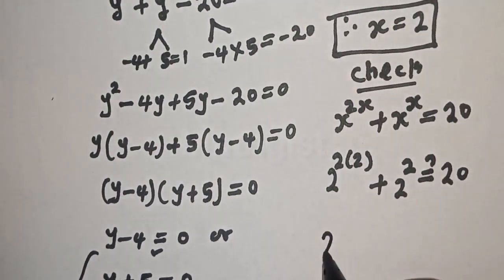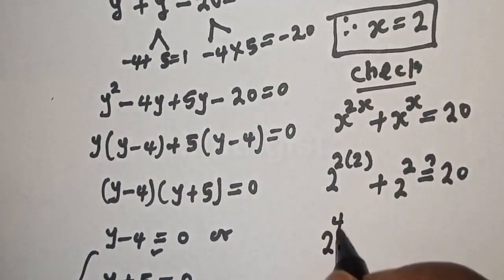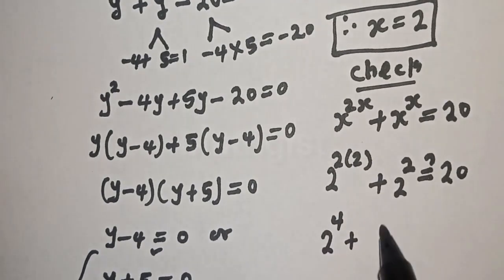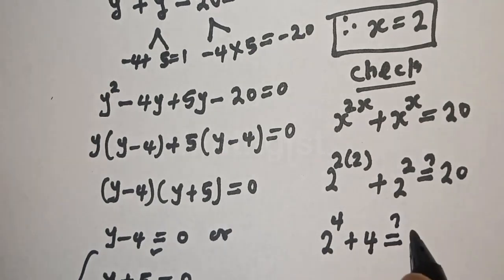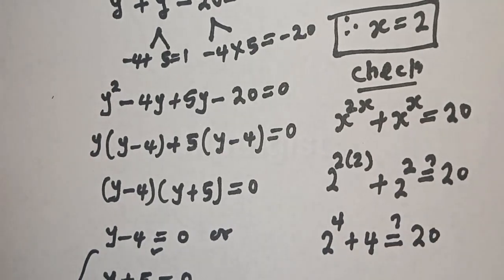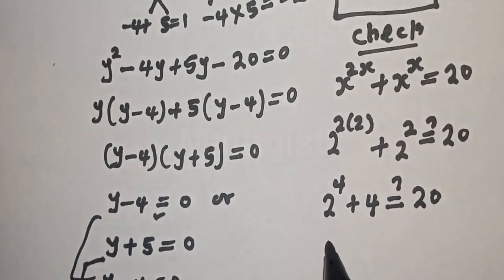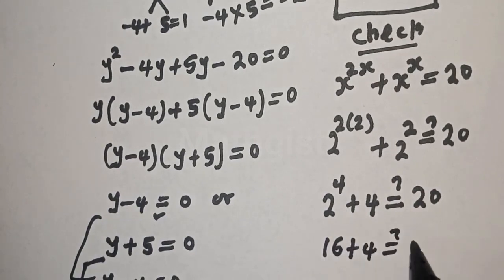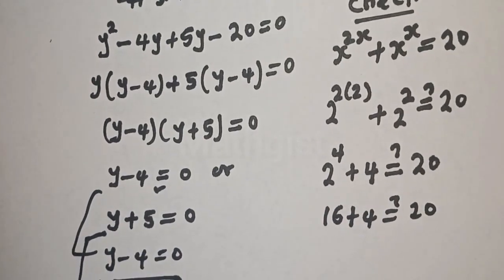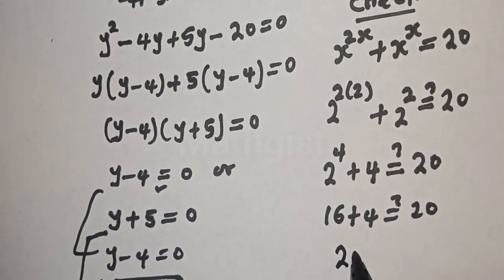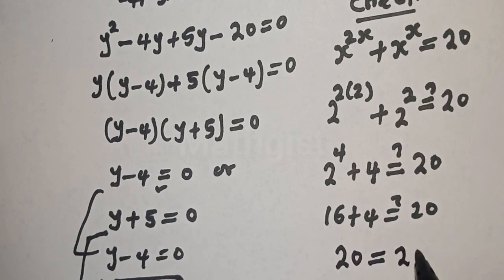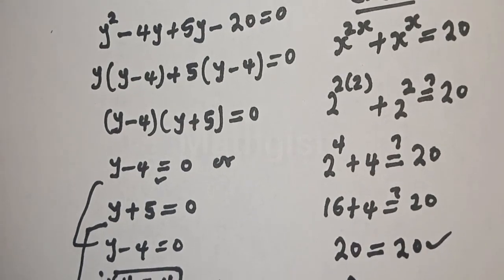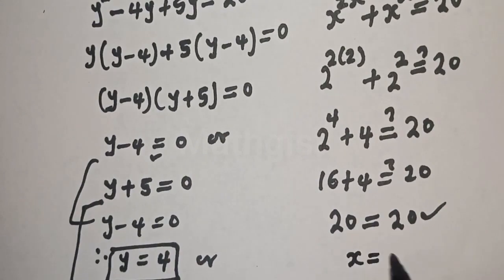This is 2 raised to power 2 times 2, which is 4, plus 2 raised to power 2, which is 4, must be equal to 20. Then 2 raised to power 4 is 16, plus 4 must be equal to 20. Let's add together. 16 plus 4 is 20, which is equal to 20, which satisfies the given equation at s is equal to 2.